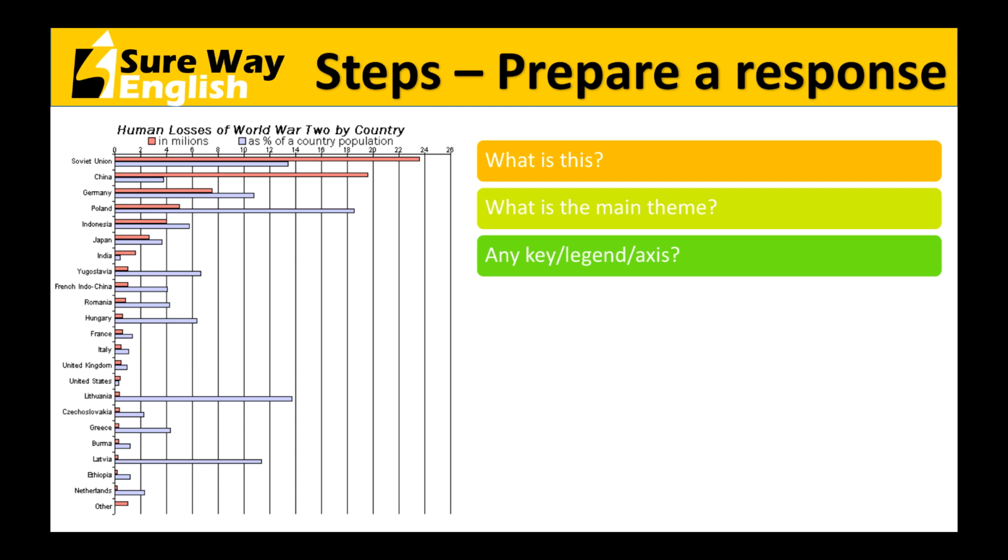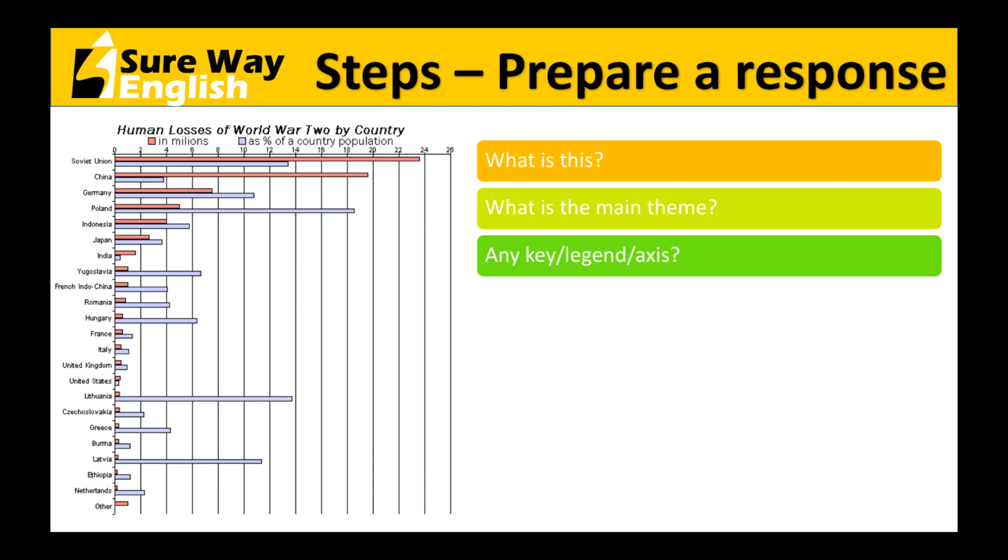After that, look for any key, a legend, or information on the axis. Now in this case, there's definitely a key which says that the purple colored bars represent a percentage of country population, and the ones in the pink or the red color represent absolute numbers in millions.